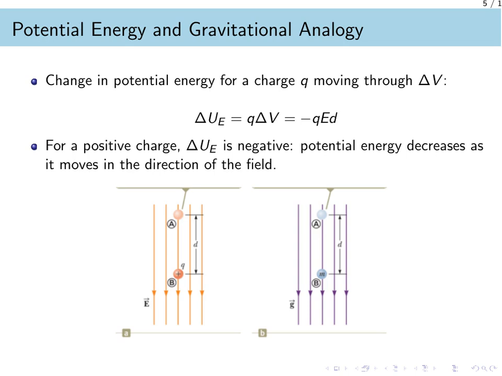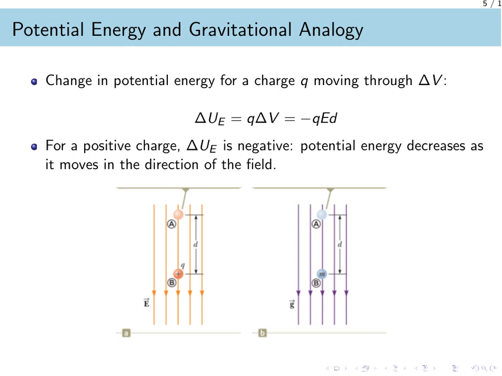We can better understand electric potential by using a gravitational analogy. Just as an object with mass m in a gravitational field g has potential energy based on its height, a charge q in an electric field E has electric potential energy. The change in this energy, delta U, is equal to the charge multiplied by the potential difference, or negative qEd.